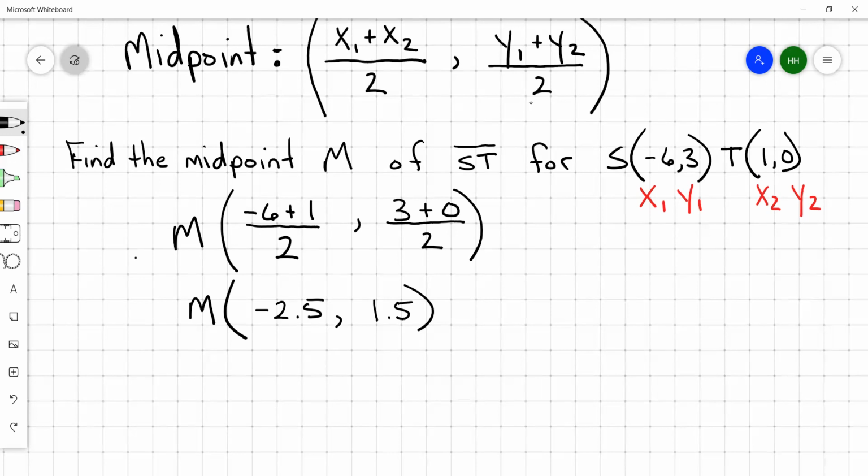Everybody see the difference between coordinate plane and number line? When it's on the number line, you just have to do the formula once. Add the two endpoints together, divide by 2. If your point is on the coordinate plane and each point has an x and y value, then you have to do the midpoint formula for the x's, add your two x values together, and then add your two y values together and divide them both by 2.